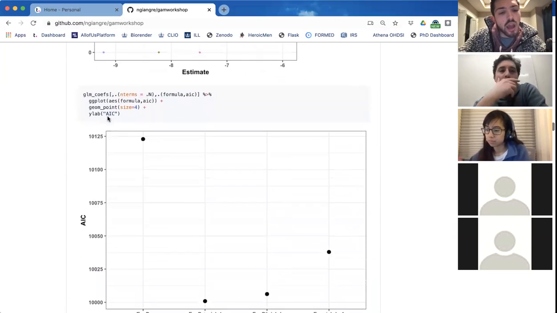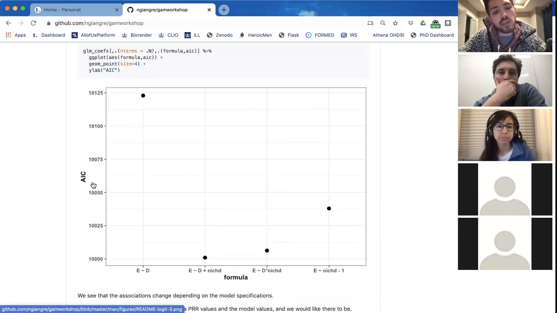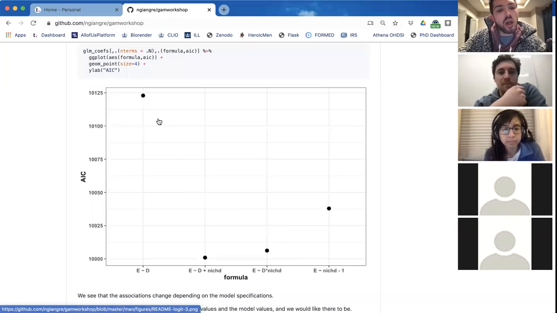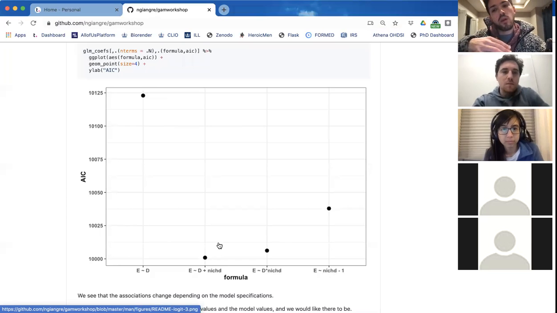And now I'm showing the AIC between the models. The higher the AIC, the worse the model fits the data. The lower the AIC is, the better the model fits the data. And there's really no absolute number that is better; what really matters is the comparison between model AICs.